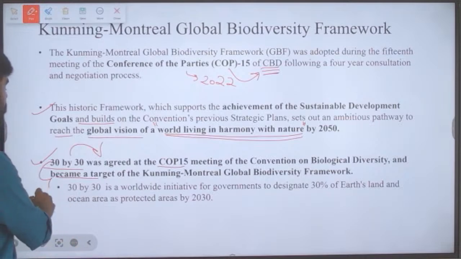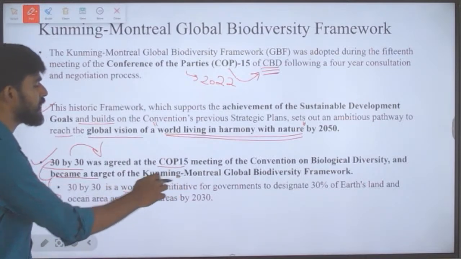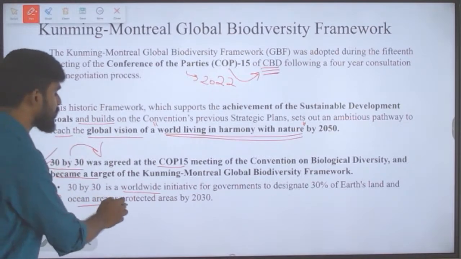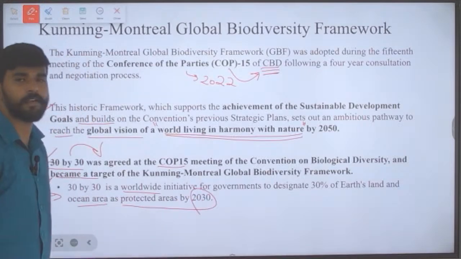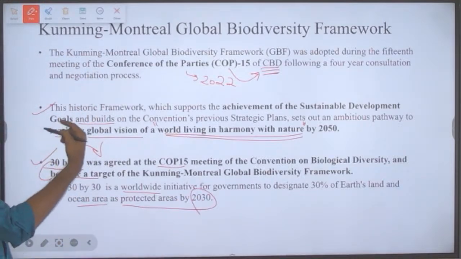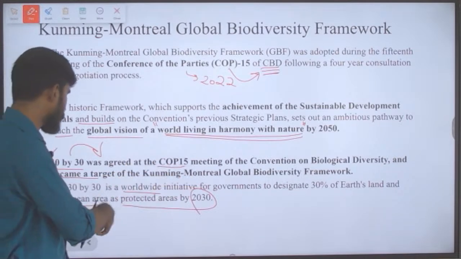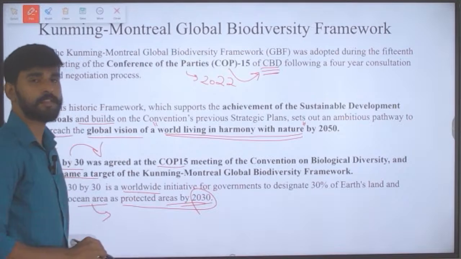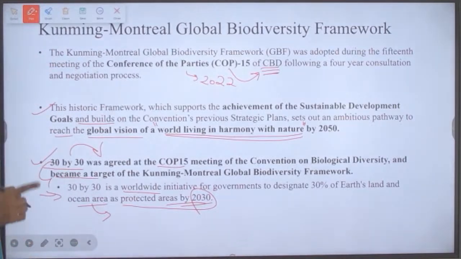And what is this 30 by 30? It is a worldwide initiative for governments to designate 30% of Earth's land and ocean area as protected area by the year 2030, that is 30 by 30.